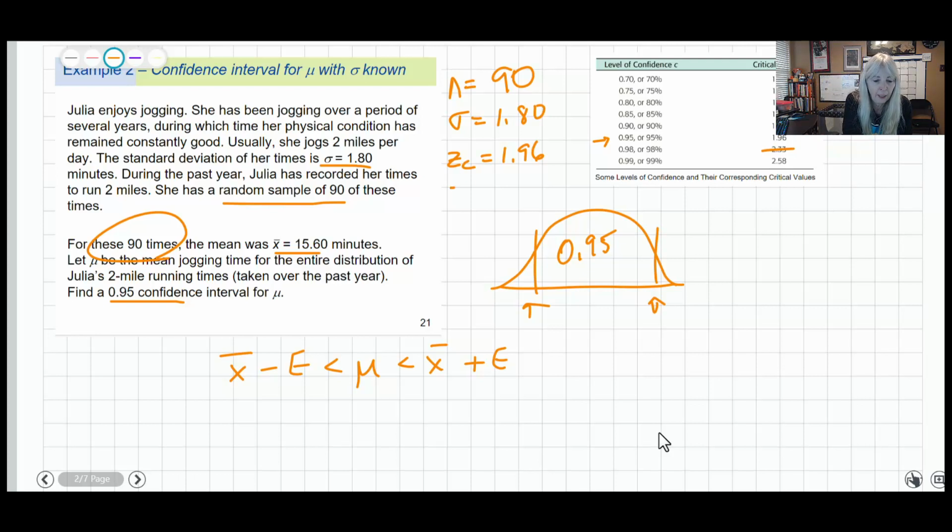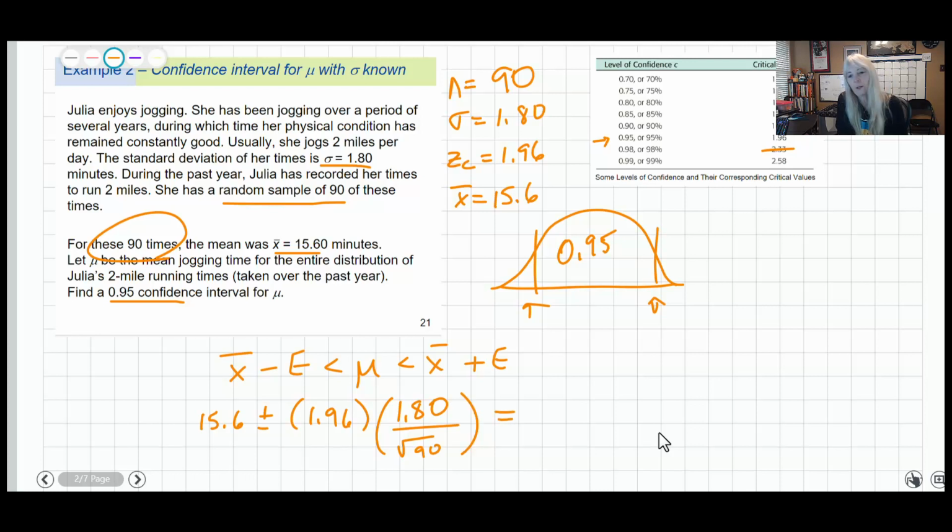So my mean, which I should have put up here, is 15.6 plus or minus my error, which is my critical value, 1.96, times my standard deviation, 1.80, divided by the square root of 90. And if I do the minus and I do the plus, I get 15.23 and 15.97 that I can now actually write up here that shows my actual interval.